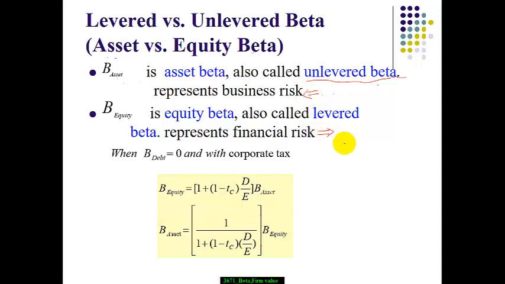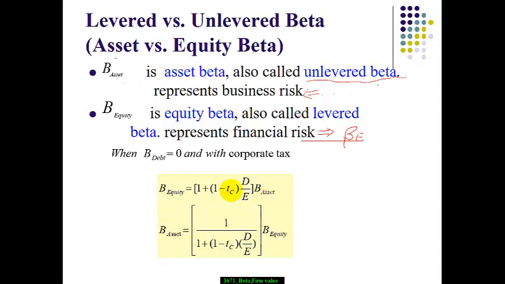So the beta we estimate from the regression on the stock returns is the equity beta, which means the company is already loaded with leverage, loaded with debt. In a risk-free debt world, we can convert asset beta to equity beta or vice versa.